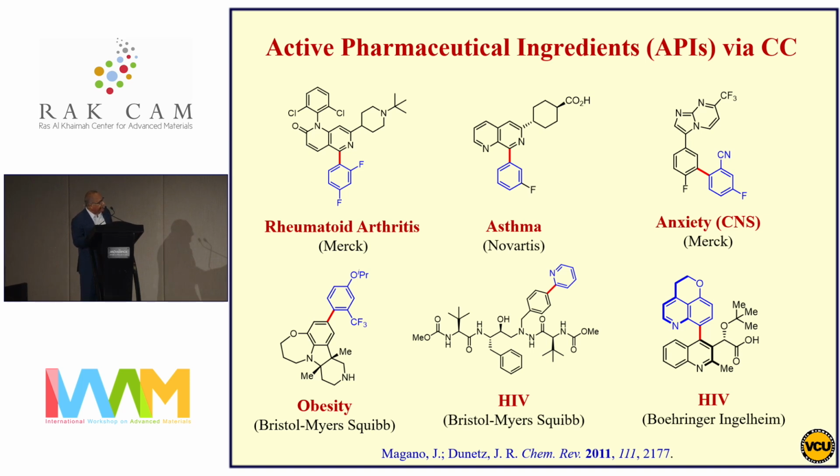And here is an HIV drug by Bristol-Myers, and from BI, also an HIV active pharmaceutical ingredient, which all share one common thing: they are made by palladium cross-coupling reactions through the systems that I described here.